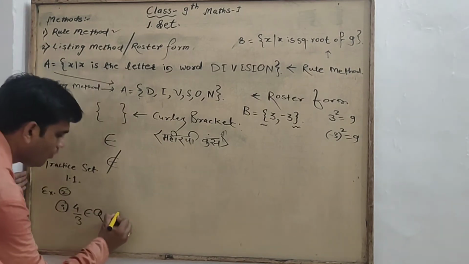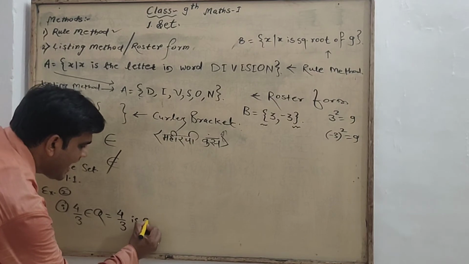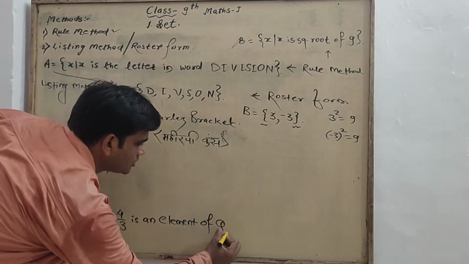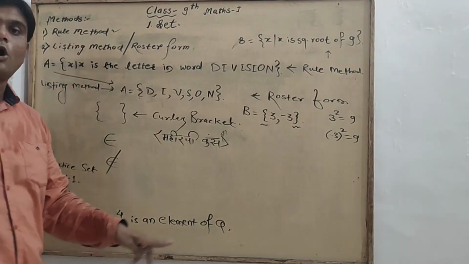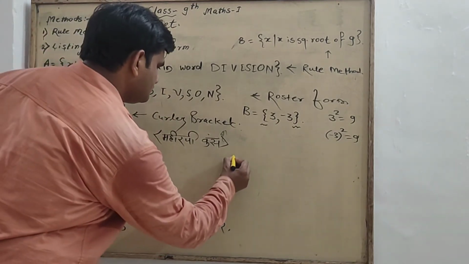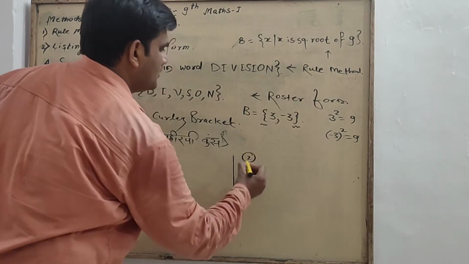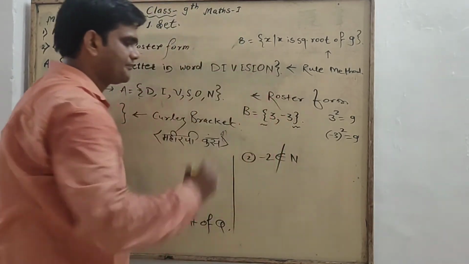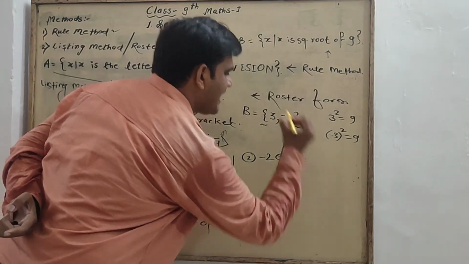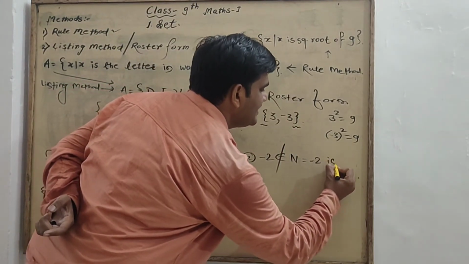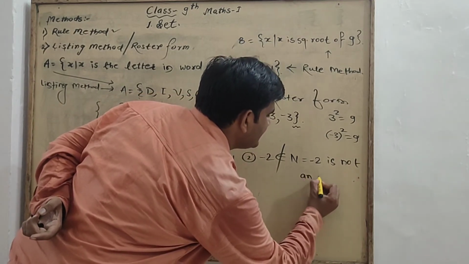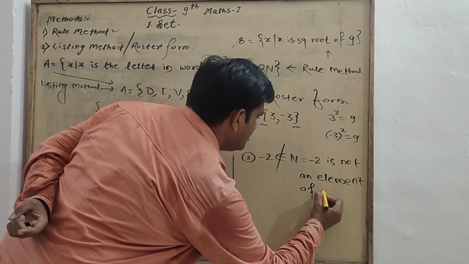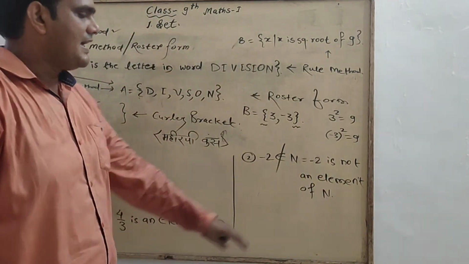How will you write? 4/3 is an element of Q. Again, number 2: minus 2 does not belong to N. It is written as minus 2 is not an element of N. N is the natural numbers.